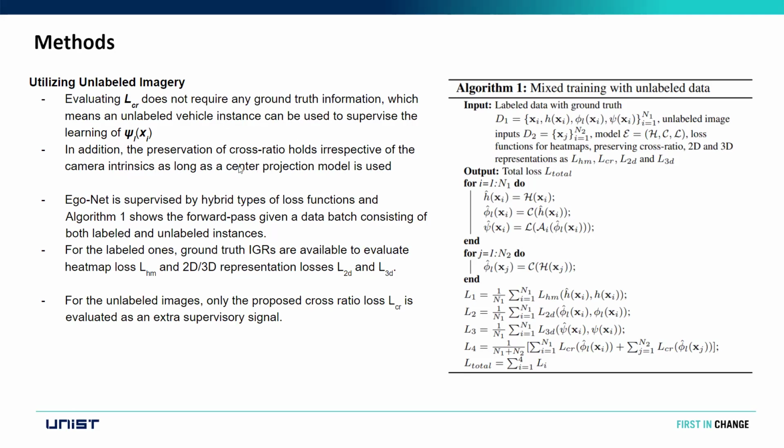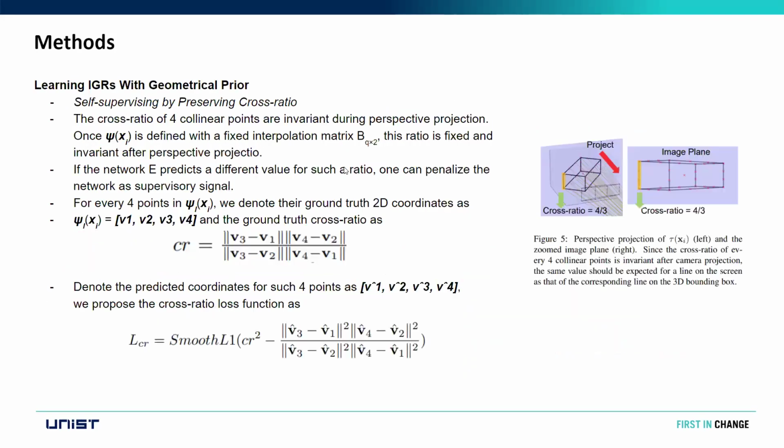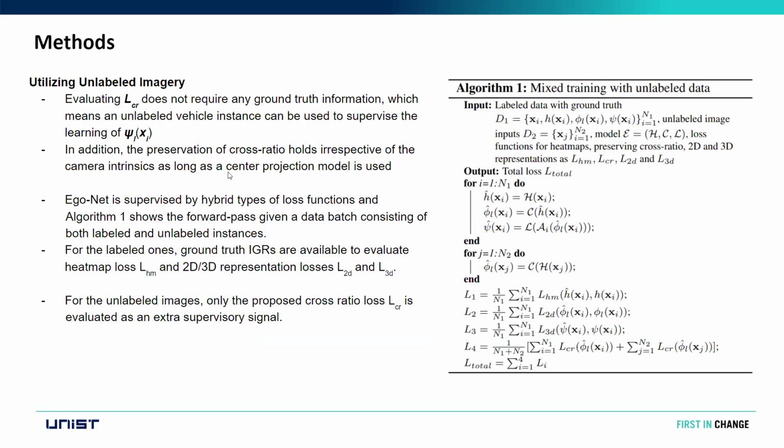This center projection model is usually used for projecting the detected 3D into the image plane. So this is what we detect in the 3D world, and this is what we visualize after projection. As long as we use this center projection model, we can apply this cross ratio loss in any data that is detected with a different camera or different environments.